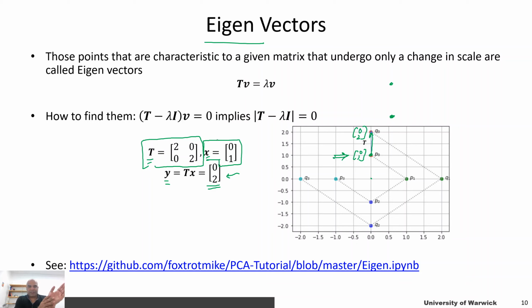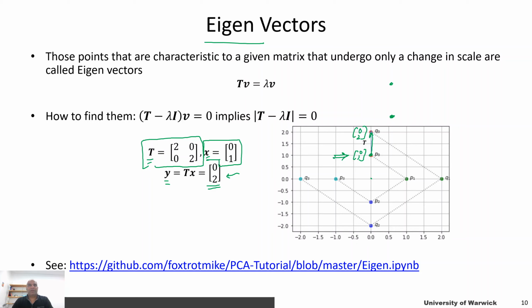So each matrix is going to have a set of characteristic or eigenpoints which are stubborn. Don't quote me, but just use this to remember. So 0, 1 in this case is going to be an eigenvector.